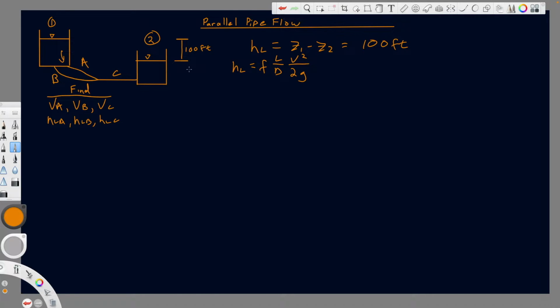But as the flow rate Q in A goes up, the velocity goes up, and so of course the head loss goes up. What I'm getting at is that these systems will always naturally balance out, because if one pipe was less resistant than the other, then more flow would go through that pipe.